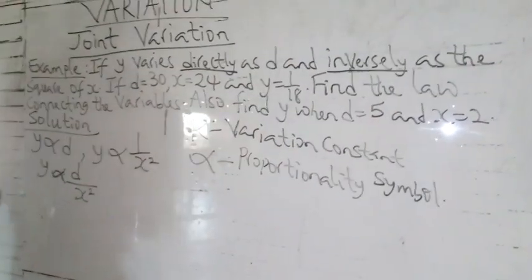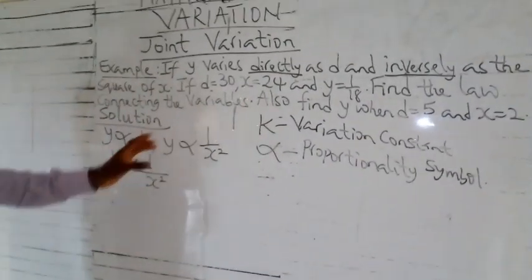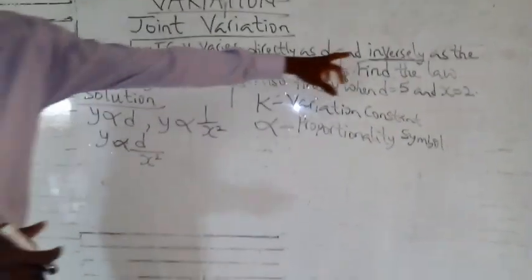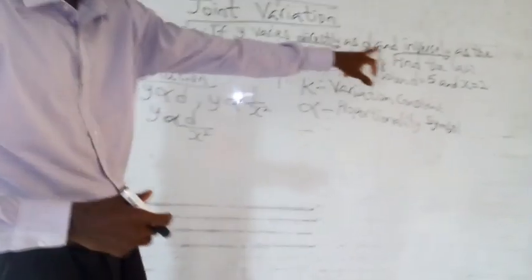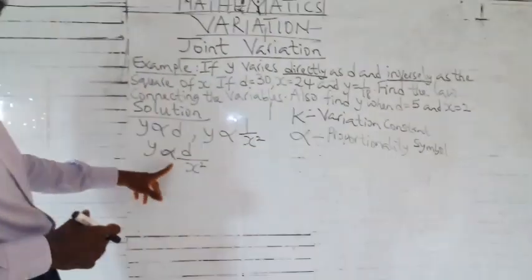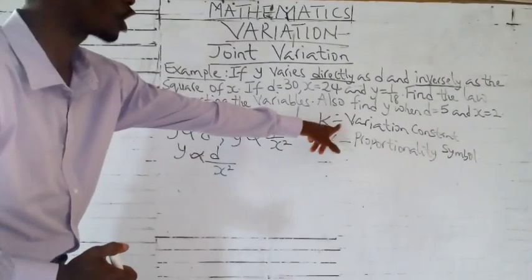Now, viewers at home, let's proceed. We have been able to jointly join the direct variation and the inverse variation with these keywords, directly and inversely, and we have it on board done already. Now, how are we going to bring in this variation constant?